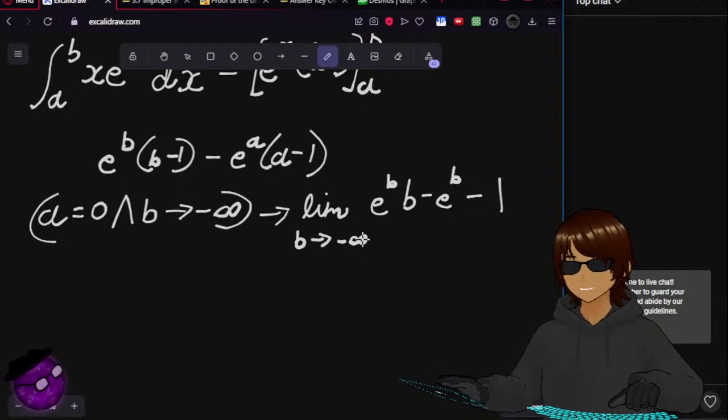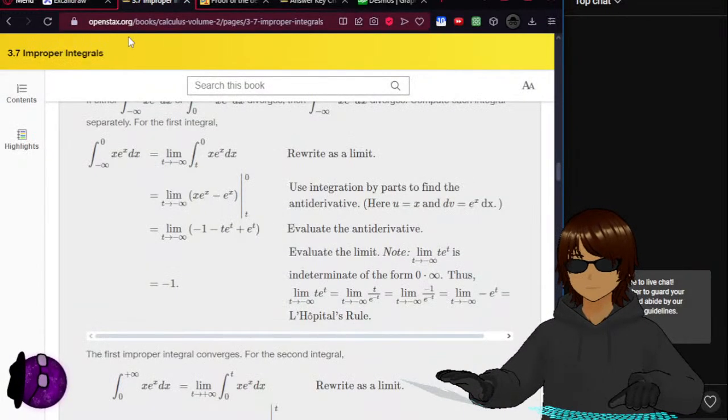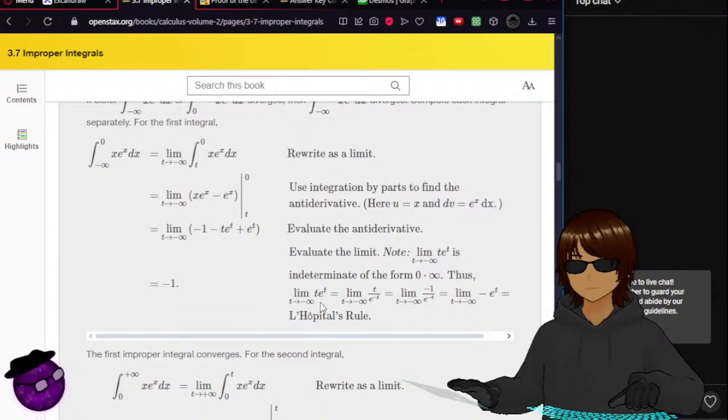Minus 1 would stay, and then this minus infinity, this would go towards 0, right? And then what about this though? How did it get this? E to the power of minus, oh yeah, that makes sense.